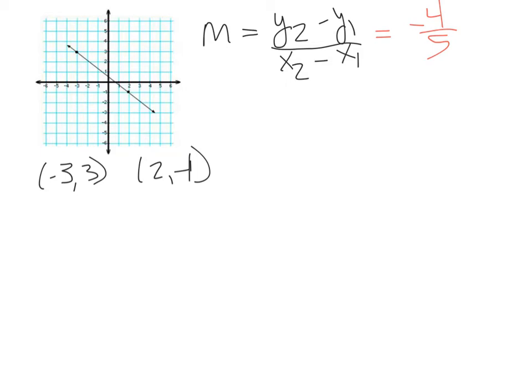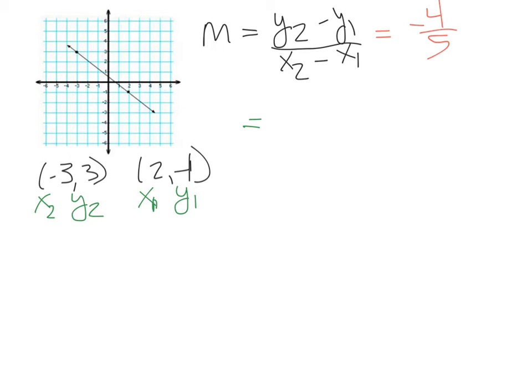But now we're going to switch that up. We're going to let this point be x sub 1 and y sub 1, and this point be x sub 2, y sub 2. And now we'll put those into the formula and see if we get the same thing.